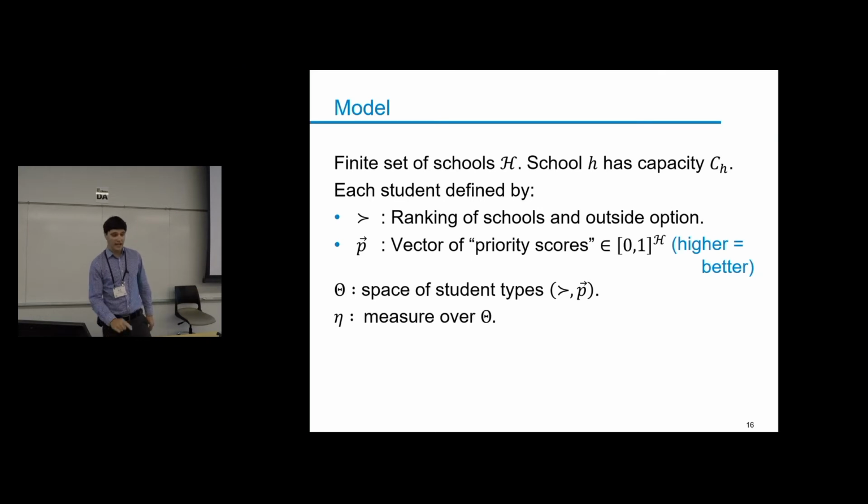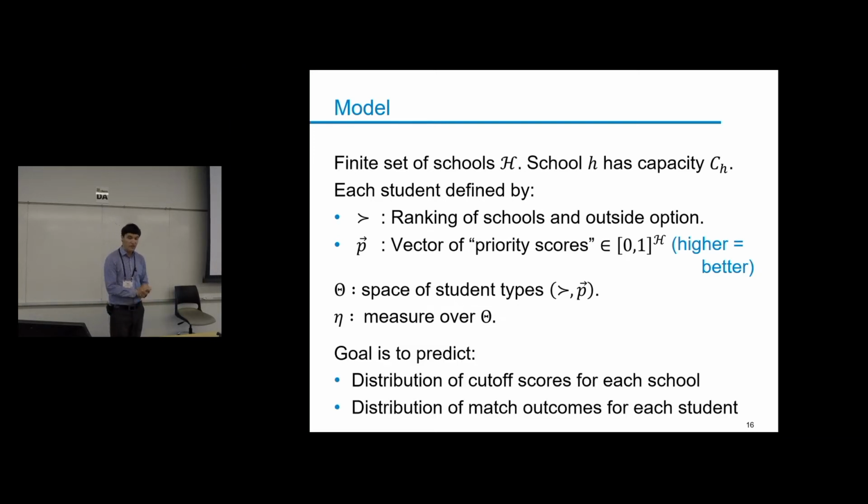We can imagine having a measure over this type space, which gives the distribution of students. And I'm going to allow this eta, this measure, to be completely arbitrary. So I can encode arbitrary correlation between preferences and priorities, or between preferences at different schools. The only restriction I'm going to impose is a strict priorities assumption. Essentially, you shouldn't have a positive measure of students that all have the same priority at a given school.